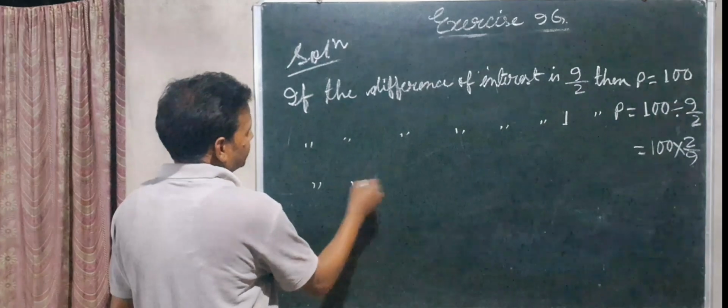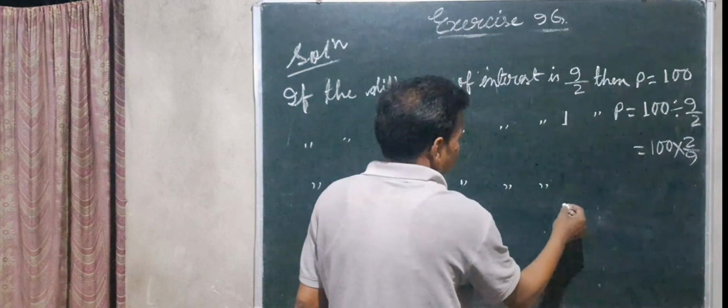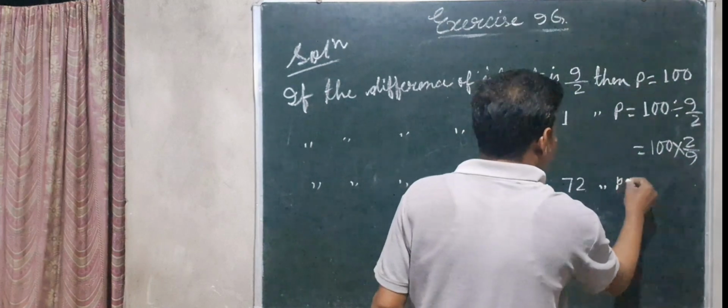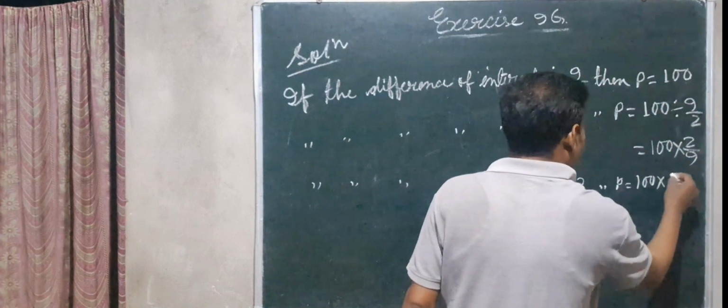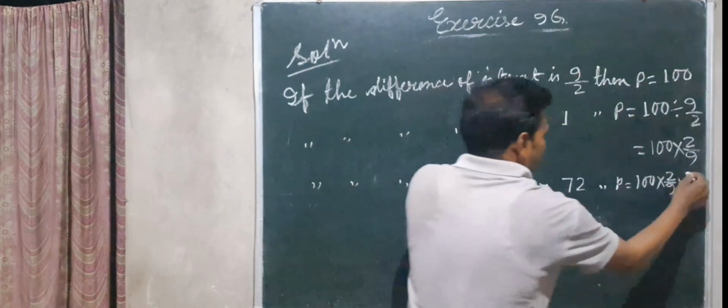If the difference of interest is 72, then P equals 100 multiplied by 2/9 multiplied by 72.